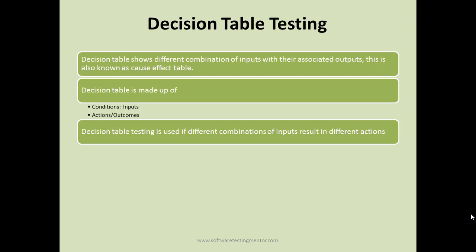Based on the changes in these three conditions, your output, the processed EMI, is affected. Your equated monthly installment is calculated based on these three input conditions. In this kind of scenario, you need to use decision table testing. We will take this example in much more detail in later slides.